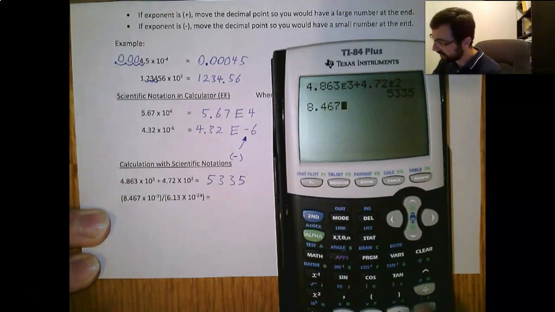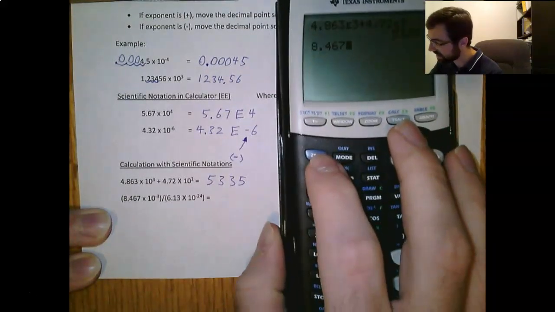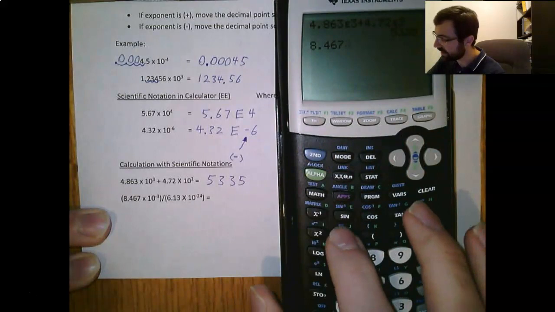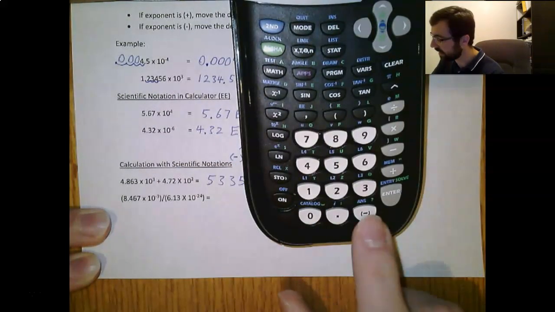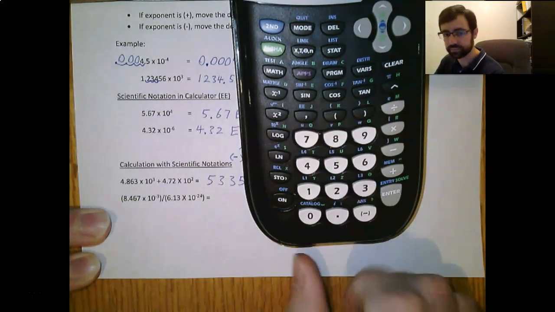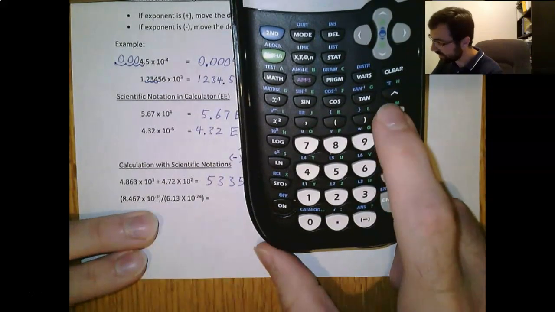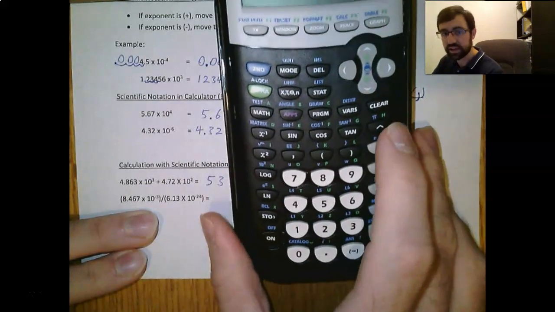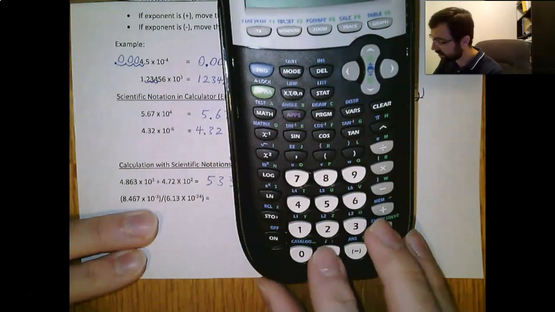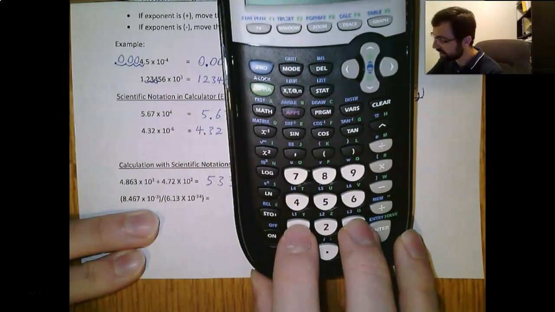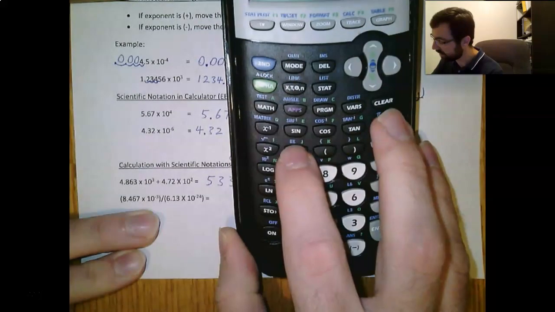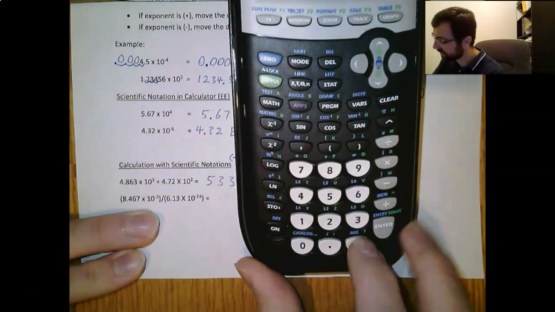Now let's try the next one. 8.467 times 10 to the negative third is second, comma, and then remember that negative button, negative 3. And that division sign, divided by 6.13 second, comma, negative 24.